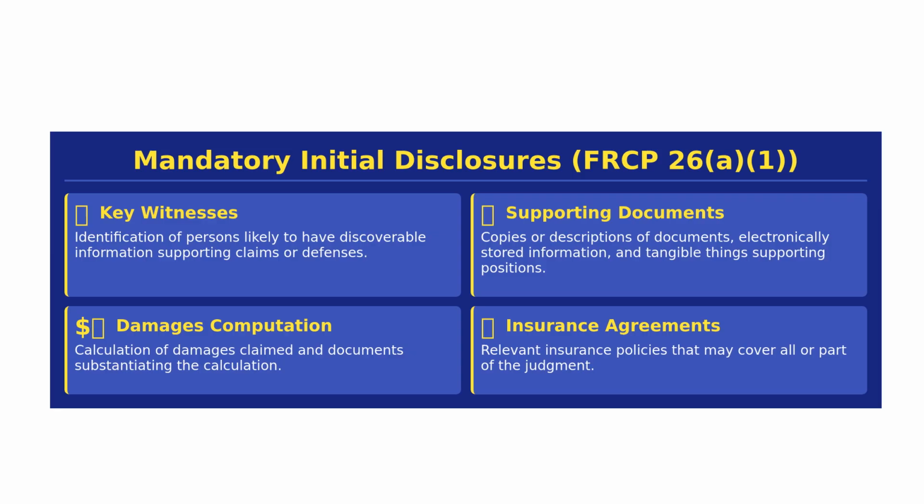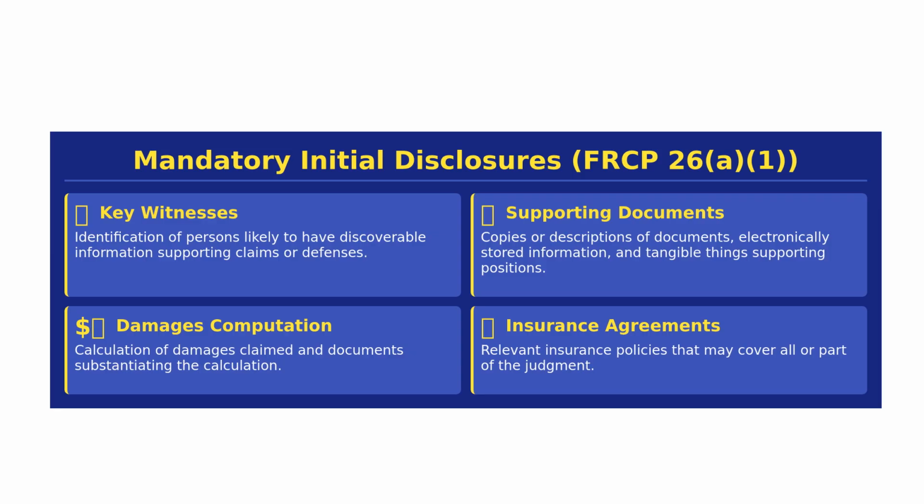First, the initial identification of individuals likely to have discoverable information supporting or refuting claims or defenses. Second, copies or descriptions of all documents, electronically stored information, and tangible things that support those claims or defenses. Third, a computation of each category of damages claimed and the relevant supporting documents.